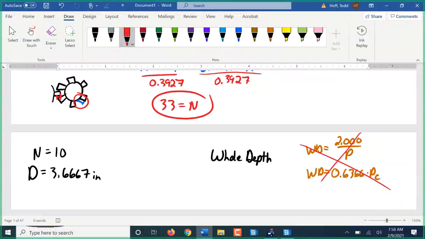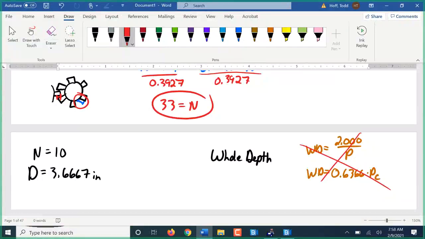If we look at the formulas for number of teeth, we have two formulas for number of teeth. Number of teeth equals pitch times diameter. That doesn't include the hole depth. Or number of teeth equals pi times diameter divided by the circular pitch. Again, that does not include the hole depth. So we can't find the hole depth from the number of teeth. If we look at pitch diameter, that's the last one on page 247 down there.